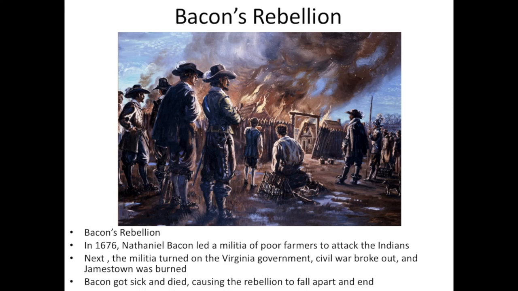However, the point that Bacon and his men were trying to make is heard loud and clear by the wealthy planter class. The wealthy planter class is going to realize that indentured servants are not reliable as a source of labor. They feel entitled to the rights of Englishmen, and they will fight back eventually if they don't get those rights.